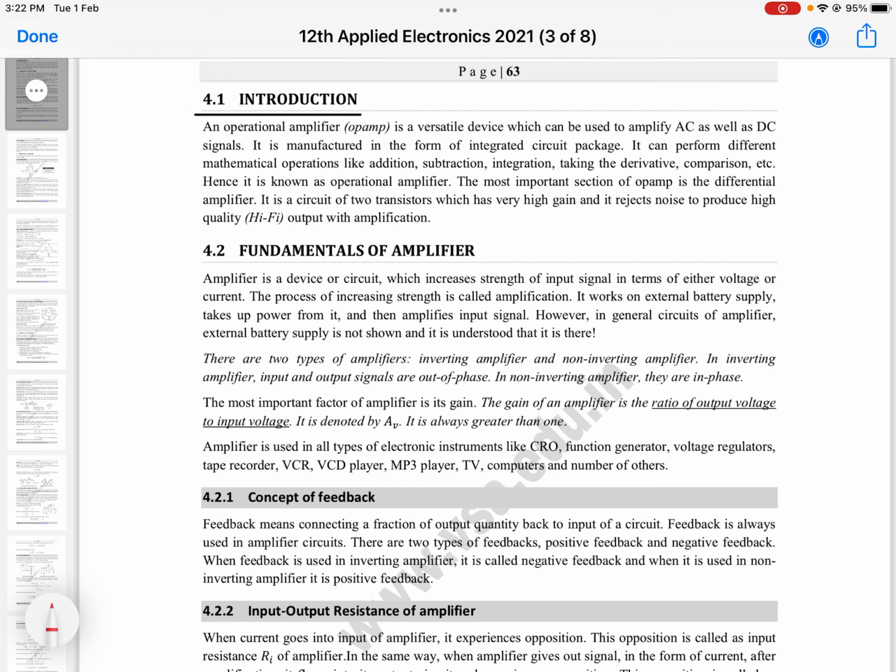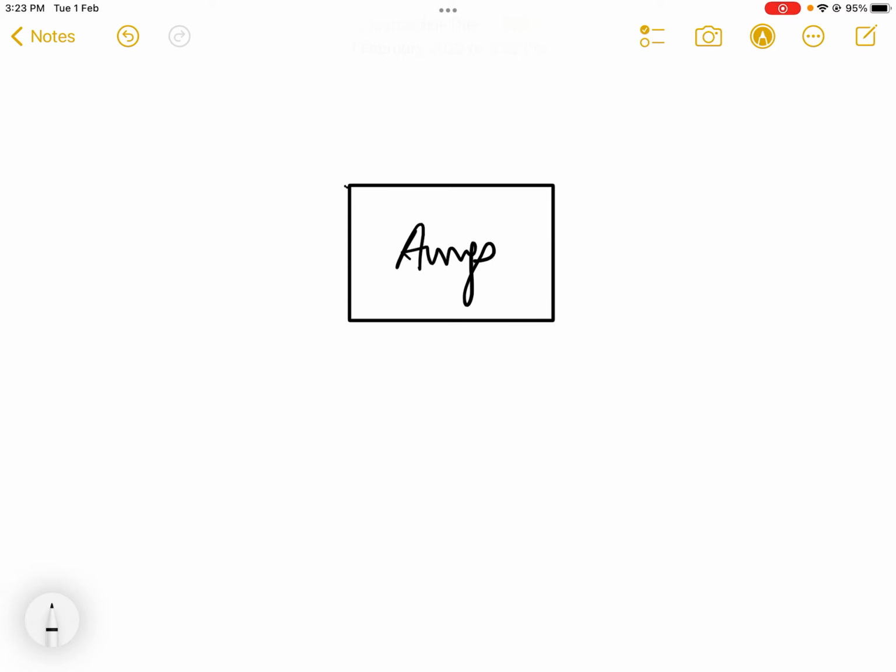Now, before going into the details of the chapter, let us see what an amplifier is first. An amplifier is simply a device or an electronic circuit which increases the strength of the electrical signal connected at its input. So let us consider that this box contains one operational amplifier, or simply an amplifier.